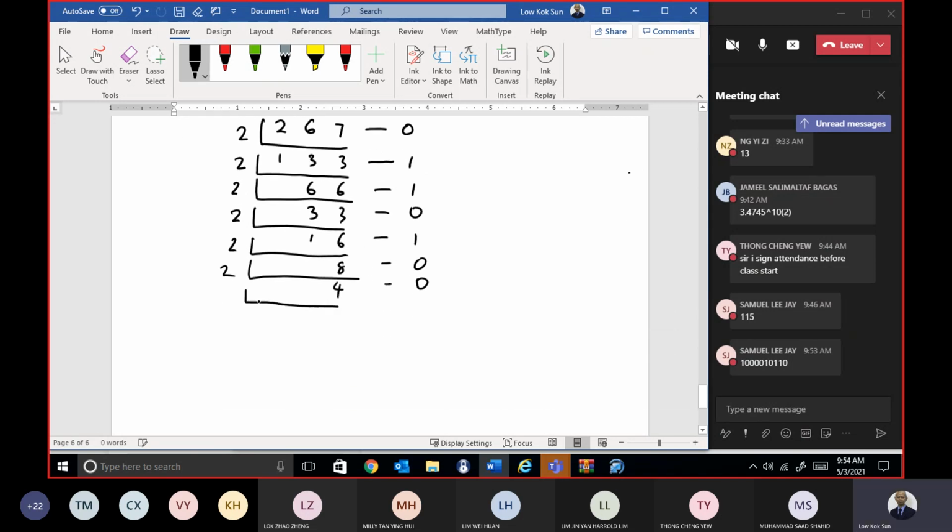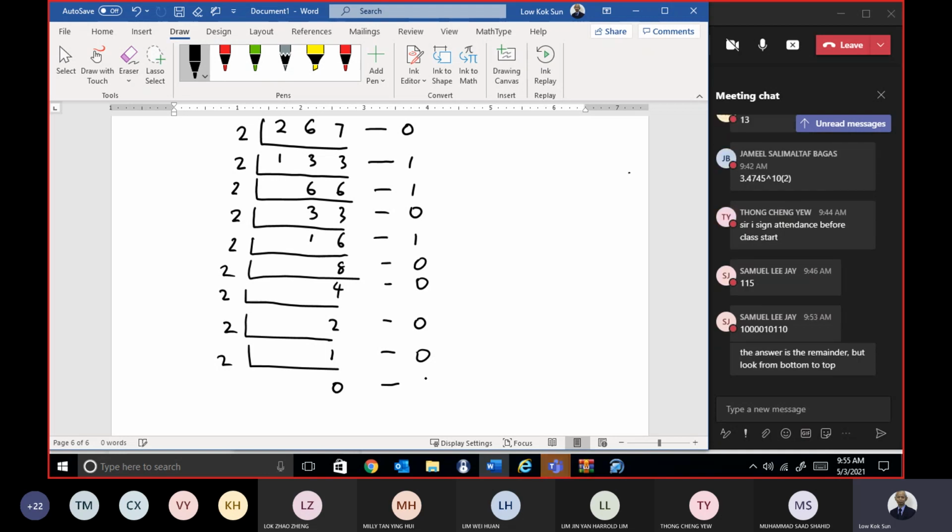Luckily, I cut down, otherwise I had to write a lot here. The more you write, the possibility of careless mistakes comes in. And 1, no remainder. So you divide until nothing.